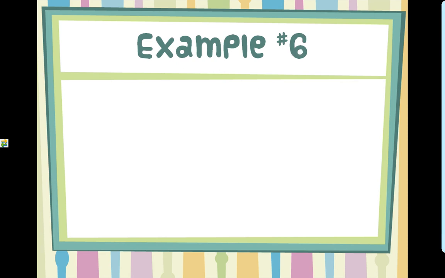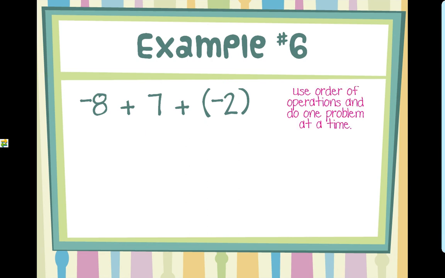Example number 6. You may see problems like this where you have 3 numbers. You're going to use the order of operations as always, and you're going to do one problem at a time. The only operations we have here are addition. So we're just going to move from left to right. So we're going to start with a negative 8 plus 7 first.